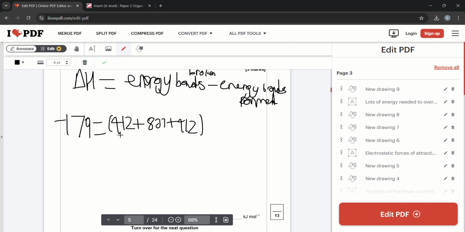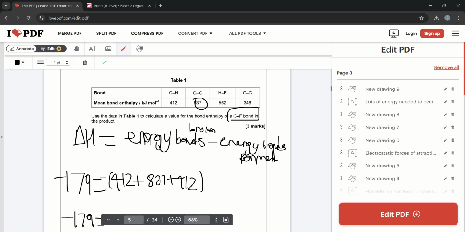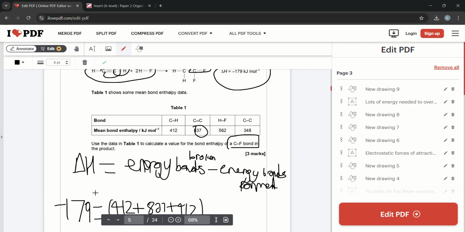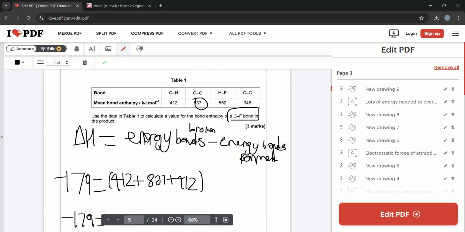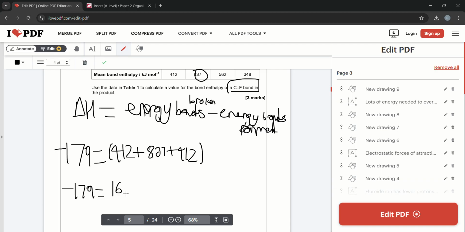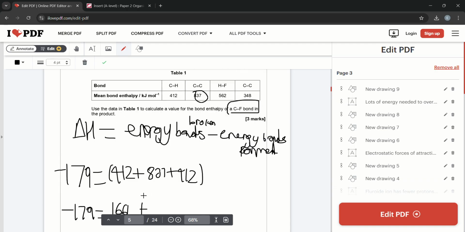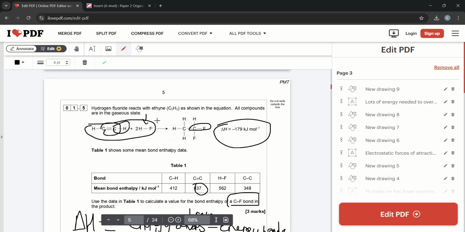And before I do minus energy bonds formed, I'm just going to simplify that, just so I don't make any errors, because there's going to be a lot of numbers. So 412 plus 837 plus 412, 1661. And obviously I almost forgot the 2HF. But what does that mean? Well, that means all we're going to do is just put brackets around it.